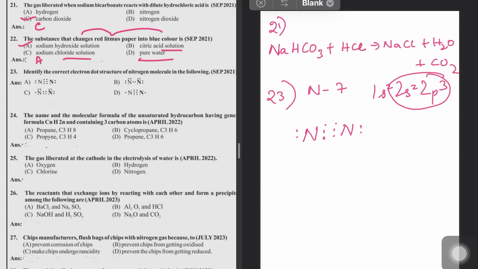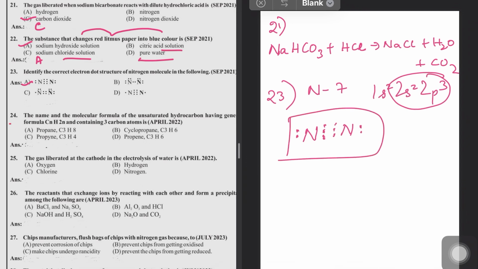Search for the same dot structure in the given options. In 23rd question, it is in option A itself. So, there we have 5 electrons which is ready to satisfy the valency. Come to 24th question.